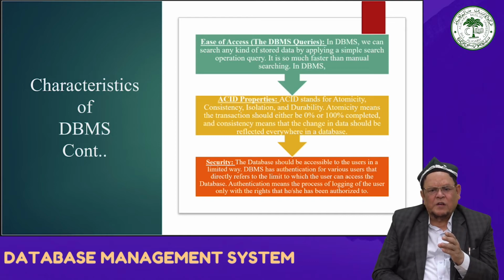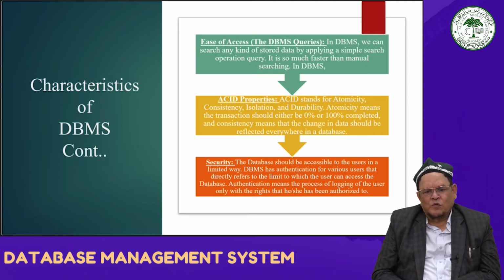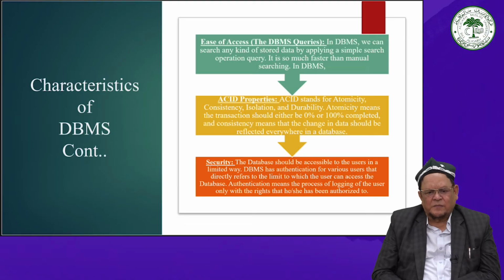In the same way, a DBMS has authentication for various users that directly refers to which user can access the data. Authentication means the process of logging in users only with the rights that he has been authorized.